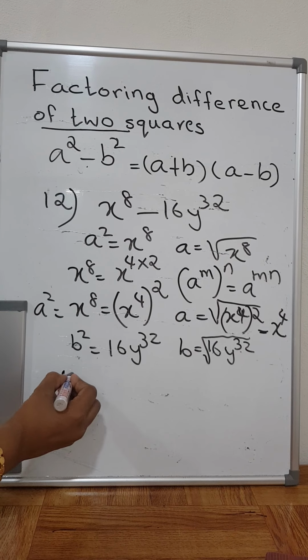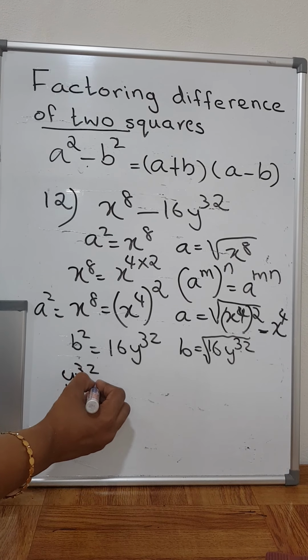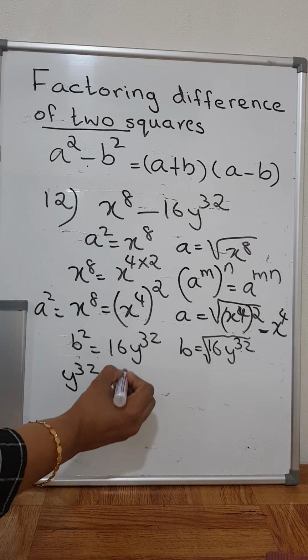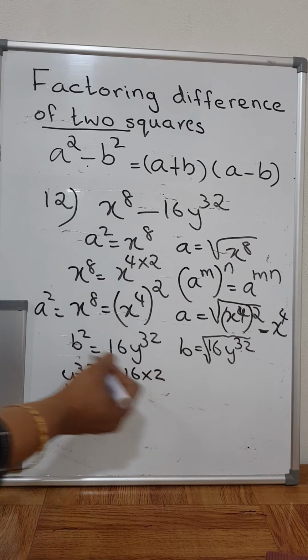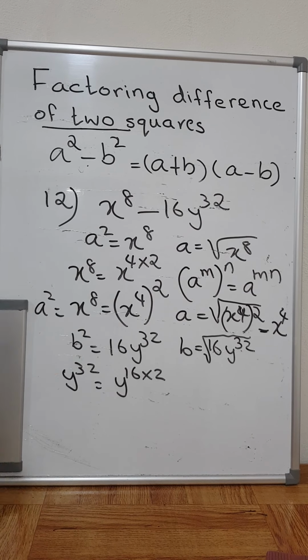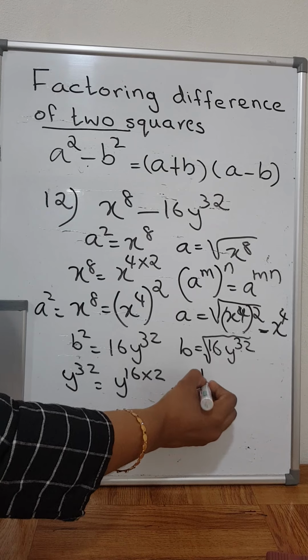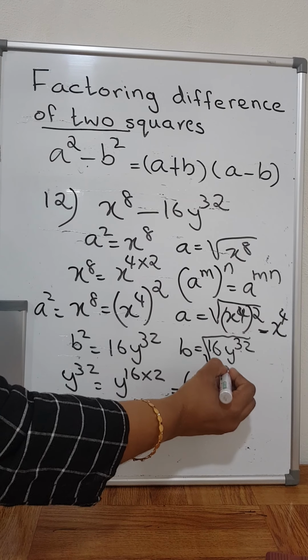Let's try to rewrite y to the power 32. So y to the power 32 is y to the power 16 times 2, because 16 times 2 is 32. Just like here, we can apply the power law in indices. So this one we can write as (y to the power 16) the whole square.